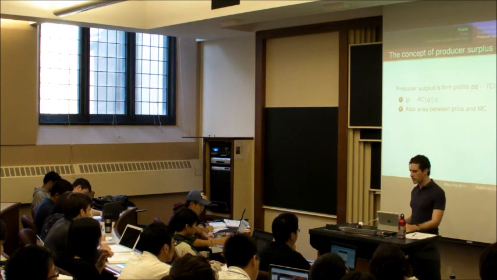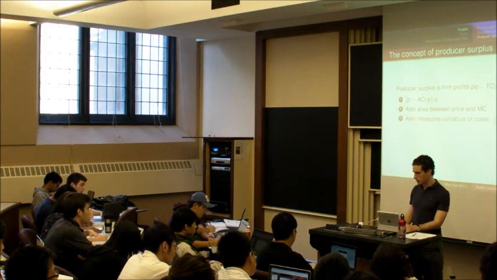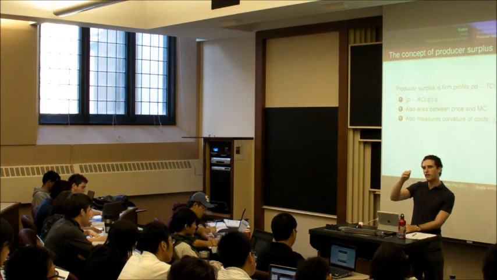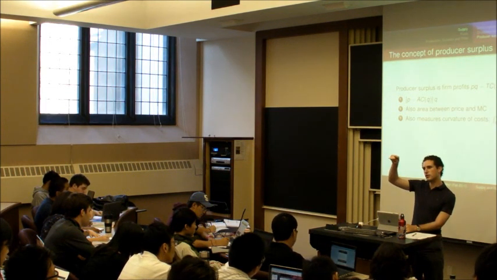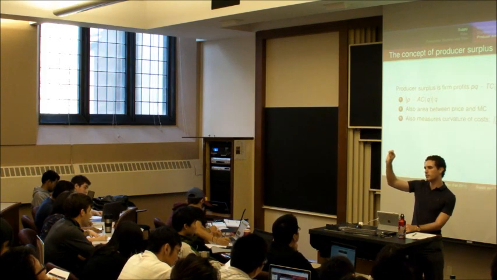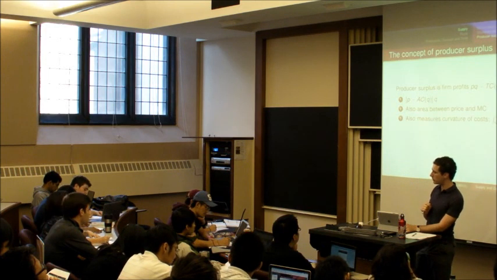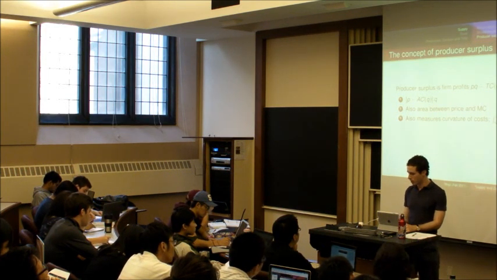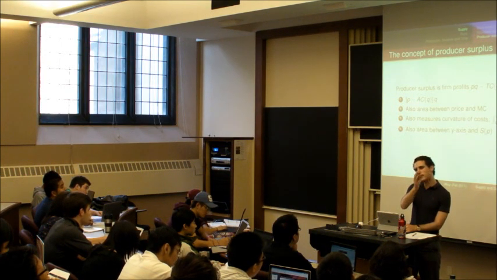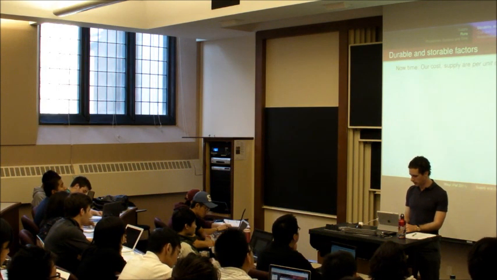Which is also the same as the area between the price and the marginal cost curve, which can also be seen as a measure of how rapidly increasing the marginal cost curve is. So for a given quantity and price that the firm does at equilibrium, if the marginal cost curve is very quickly increasing, then there will be more profits that the firm earns. Another way of putting that is it's the area between the y-axis and the supply curve. So let me show you that all graphically.